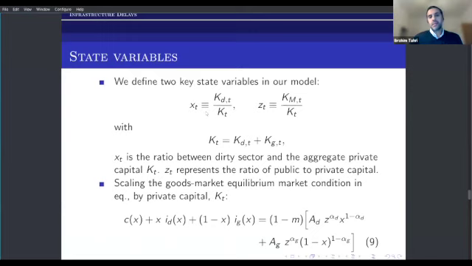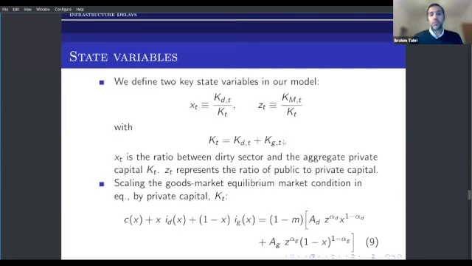What do these state variables mean? We have the share of dirty capital over total private capital. This is one state variable. Another state variable is the ratio of public capital over total private capital. Again, K is private capital, and private capital here is the sum of dirty and green capital.